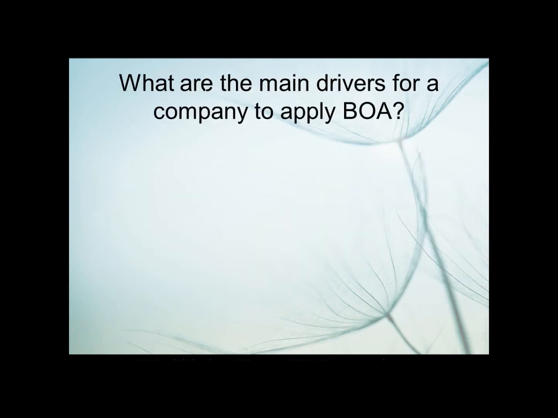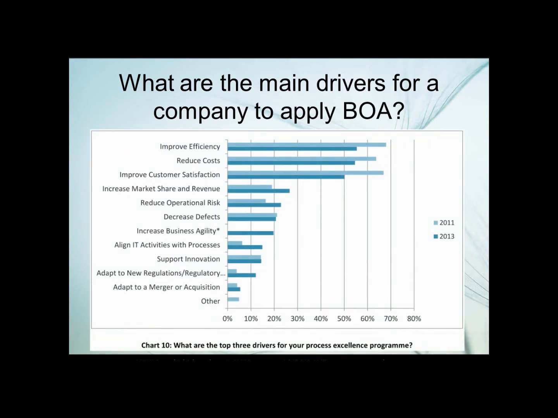What are today the main drivers for a company to apply business-oriented architecture? This slide is taken from the report The Future of Process Excellence, made by the Process Excellence Network in association with 2K, based on an online survey conducted in February 2013 with 929 process professionals, followed by telephone interviews with selected participants at C-level.